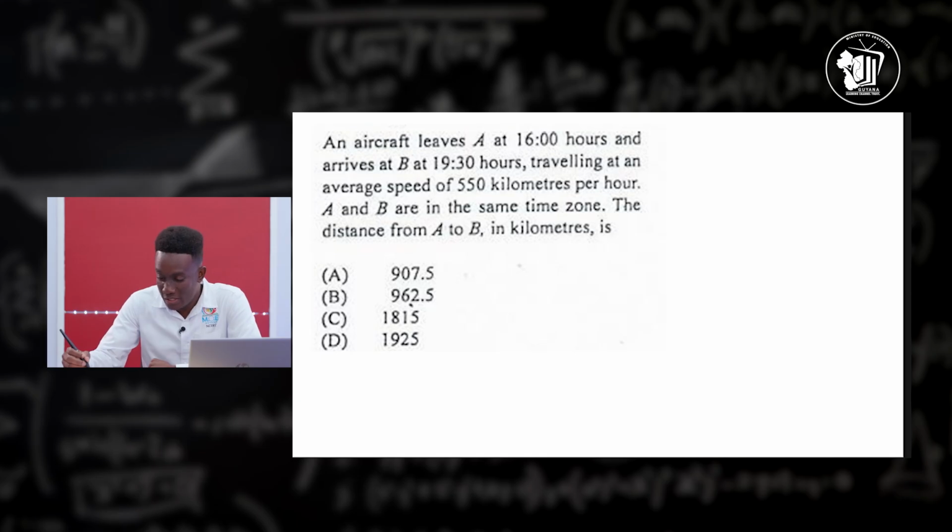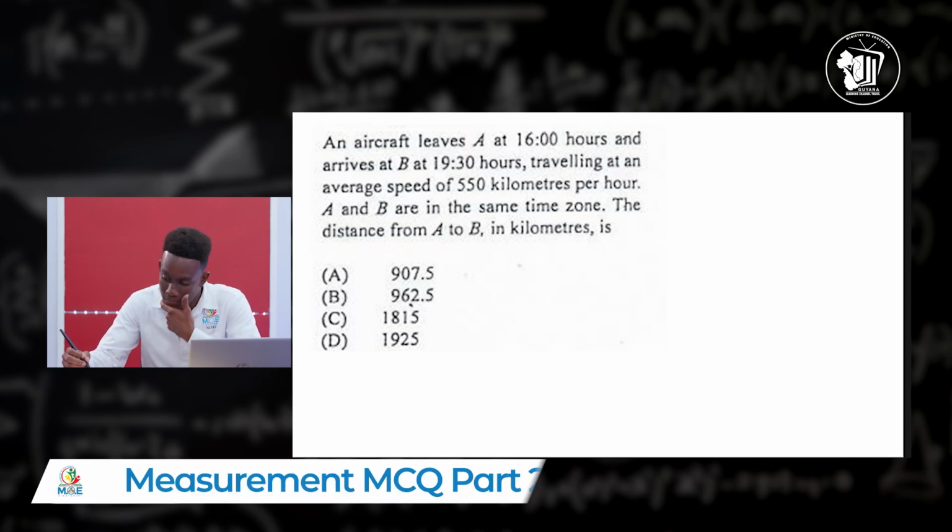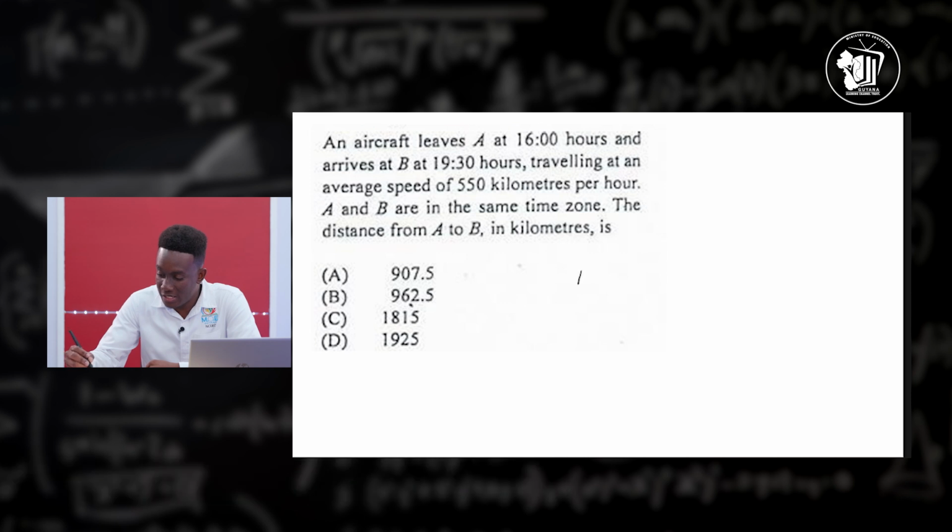The distance from A to B in kilometers is, so we want to find the distance from A to B. So the aircraft leaves A at 1600 hours and arrives at B at 1930 hours. So this aircraft took, 16, 17, 18, 19, so it took 3.5 hours to travel from A to B.